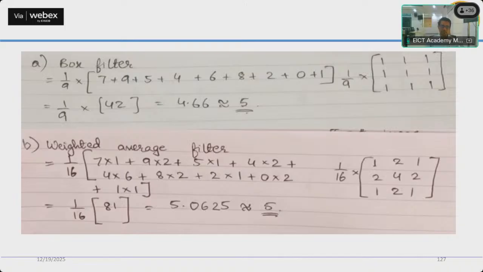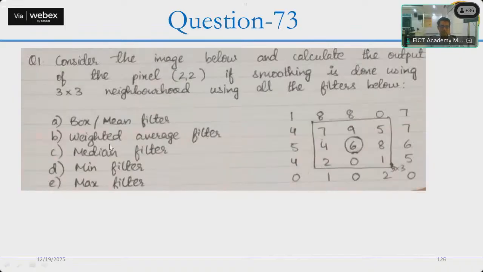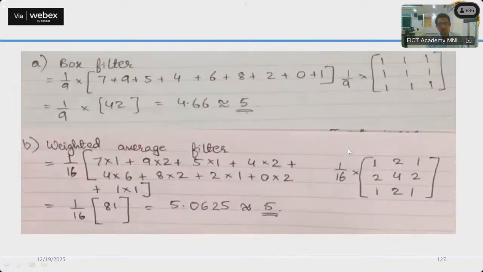So are you able to recall the median filter? Can you tell me whether the median filter is a linear filter or a non-linear filter? Are you able to recall?